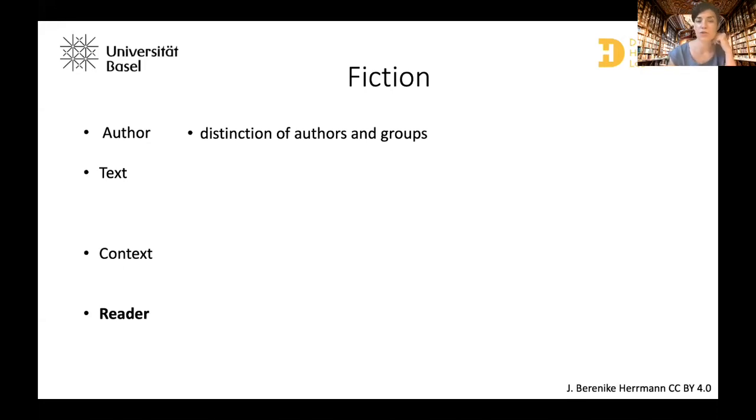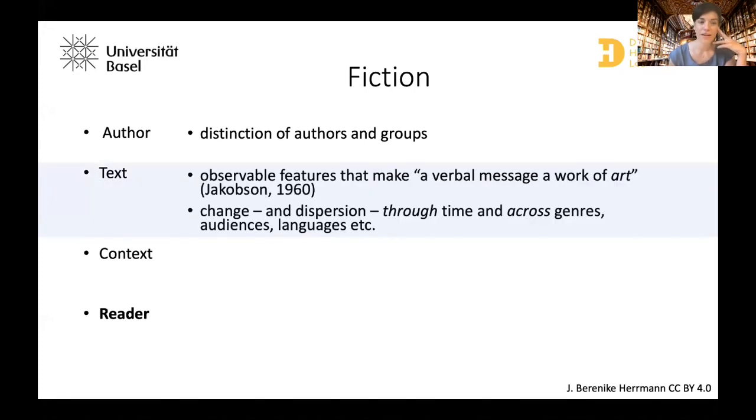So using language in order to be different, to be interesting, to do something that makes him unique, and to carry on with art. The next category, the text, I mentioned that before, is the observable features that make a verbal message a work of art.